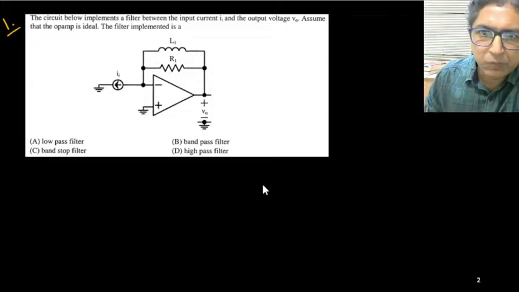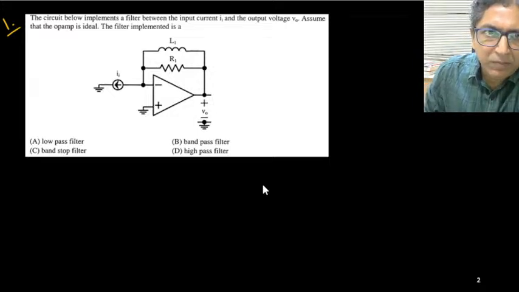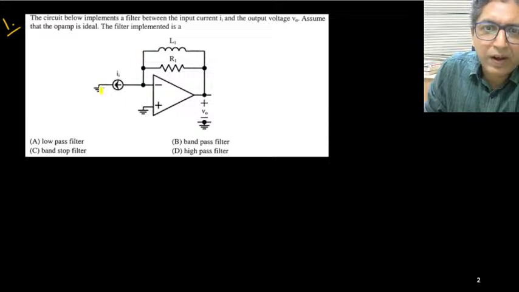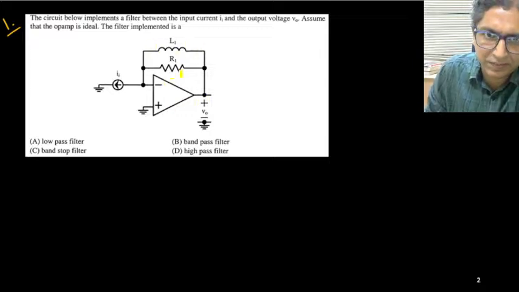Good. So in this problem you can see that one current source is mentioned here. There is one op amp and one energy storing element, inductor, and resistors are there.